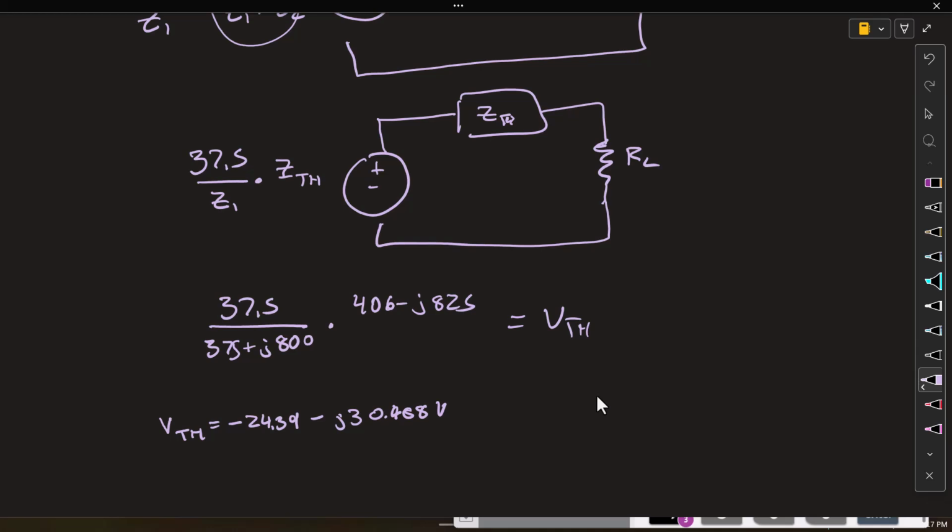Alright, so now I needed to get the average power dissipated in RL, so I want the real power.